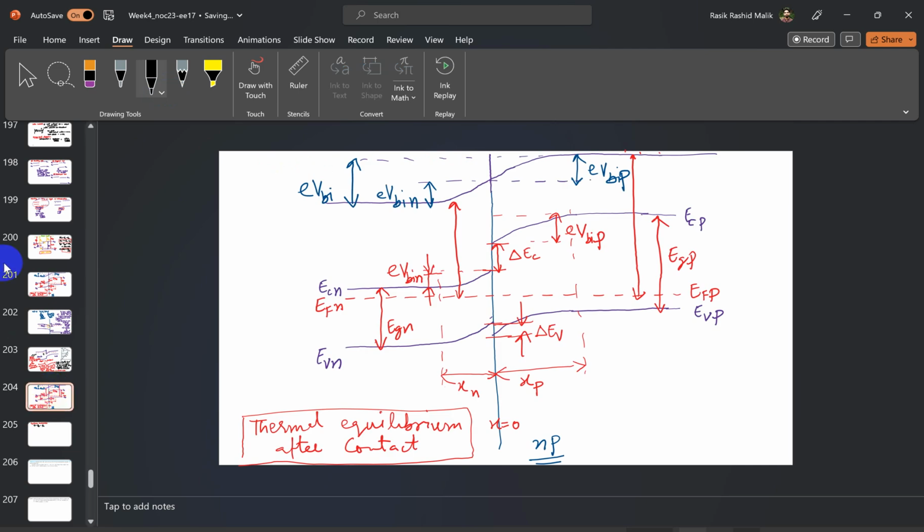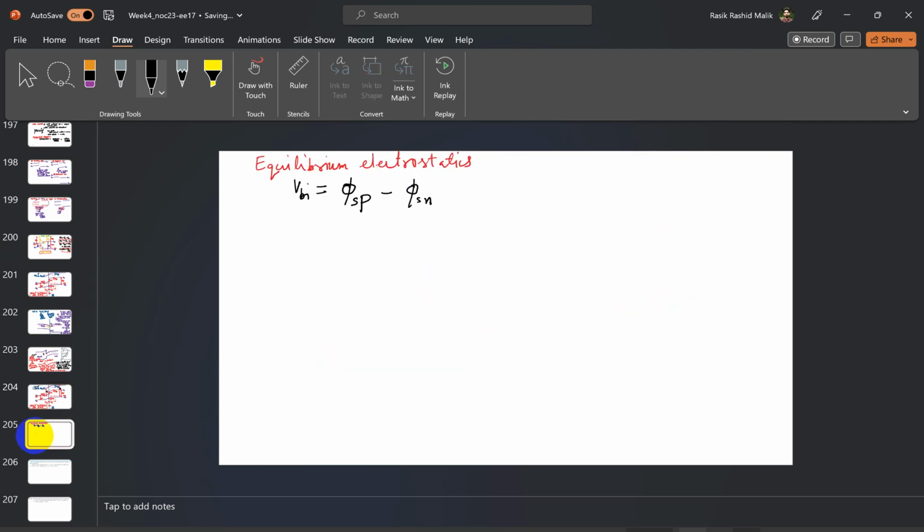We have a wider band gap side, this is my phi SP, and this is my phi SN. So from the difference between the two we get EVBI, right?